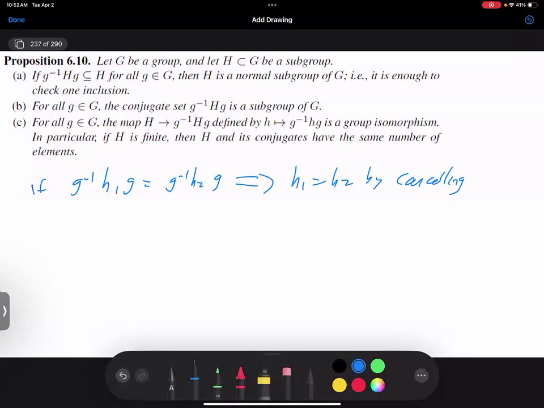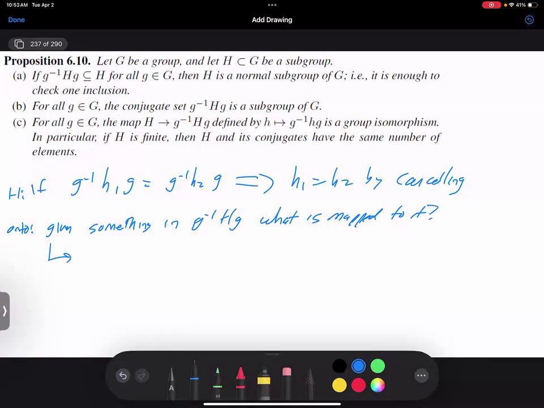And then surjectivity. How would you do surjectivity? Given some element in g inverse H g, what is mapped to it? So a lot of times the proofs come down to essentially proof by definition.